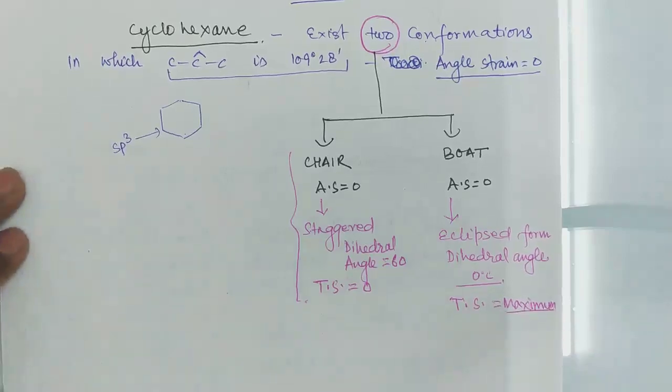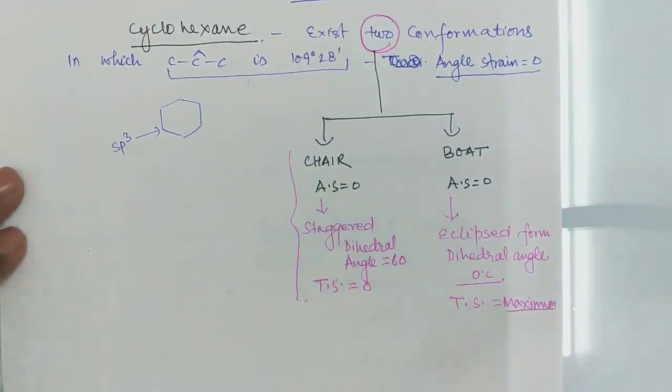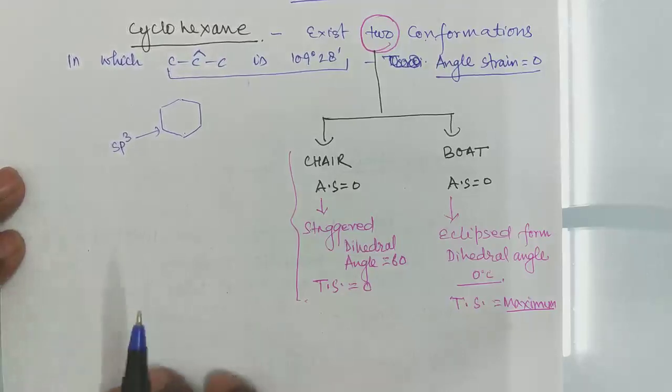So suppose that the question is asked that which conformer of cyclohexane is more stable. So on the basis of strain, you can straightforwardly answer that okay, chair form is more stable because it is without angle strain as well as without torsion strain, right?